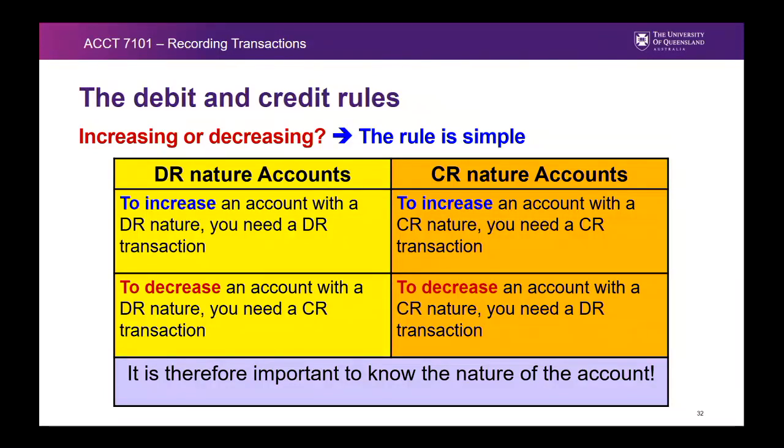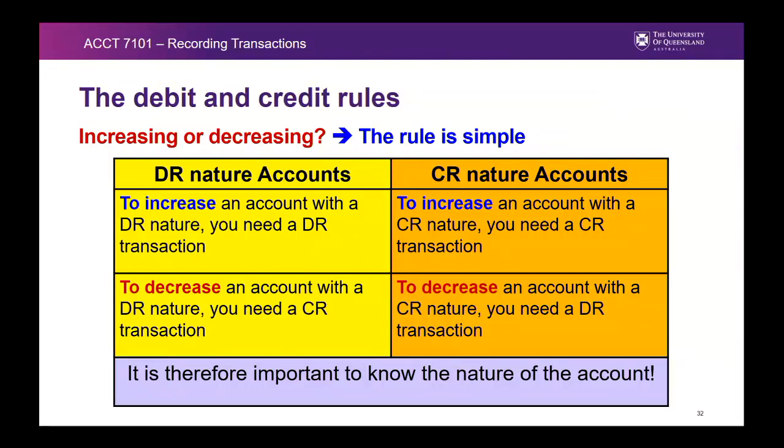Okay, we'll get a bit of practice at this shortly. Any questions on that? So the starting point is, of course, to recognise what type of account we've got and what's the normal balance of it. And the opposite also takes effect.